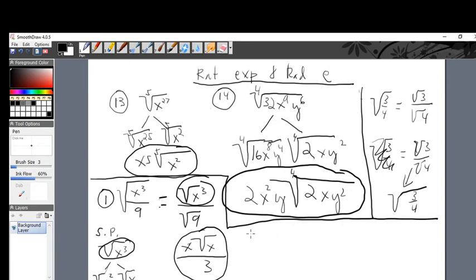Okay, here's another situation where these rules that I set up on the right-hand side come in handy.